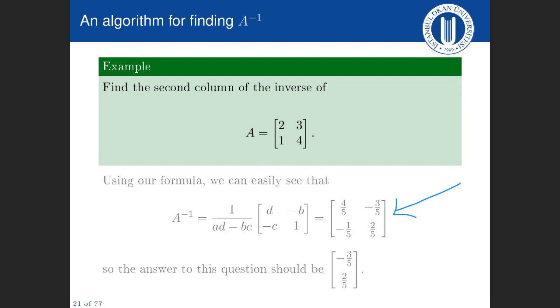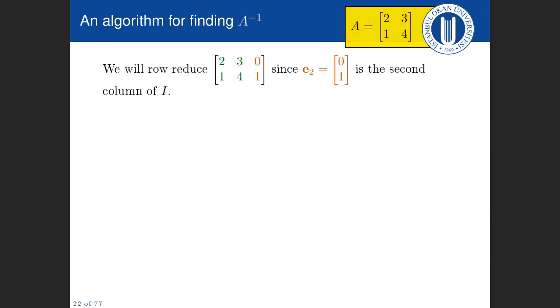But I don't want to solve the question like this. I want to solve it using the algorithm. What I want to do is row reduce 2, 3, 0, 1, 4, 1, because 0, 1 is the second column of the identity matrix. After we row reduce this, we will find the second column of A inverse.